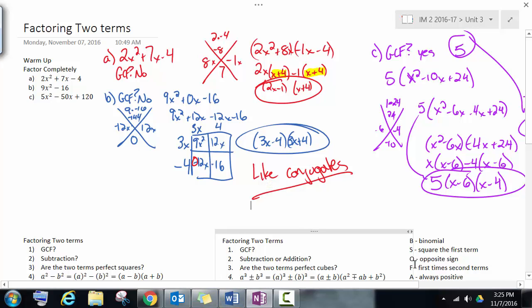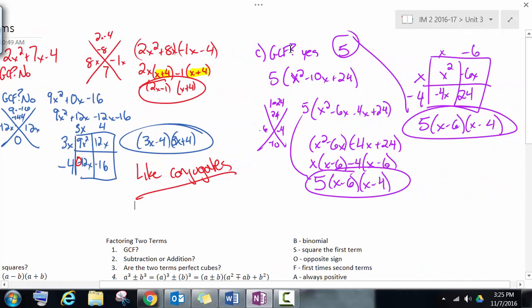Letter C, is there a GCF? Yes, there is. We take out a 5. So when we divide out by 5, we have x squared minus 10x plus 24 left. So we do a diamond problem. Remember, this is 1 times 24, so 24. And the middle number is -10. So what two numbers multiply to 24 and add up to -10? -6 and -4.